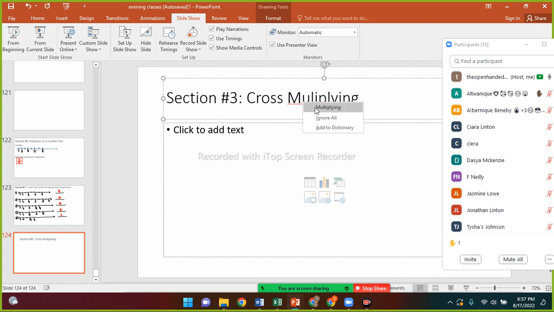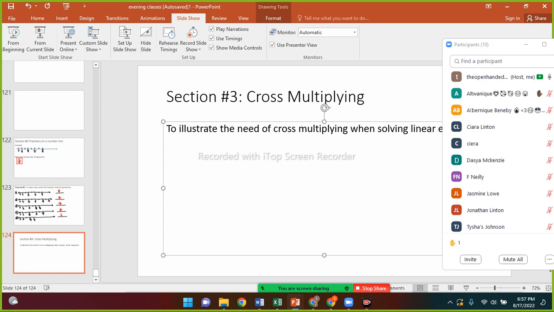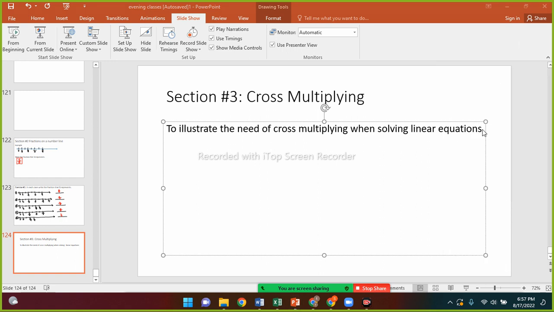Sorry, I spelled that wrong. So to illustrate the need of cross multiplying when solving linear equations, we begin with the following example.